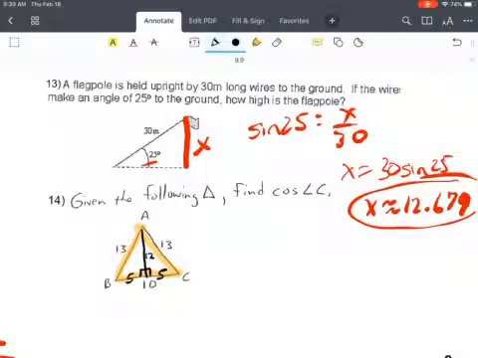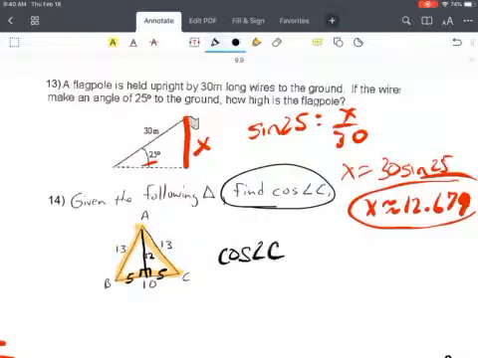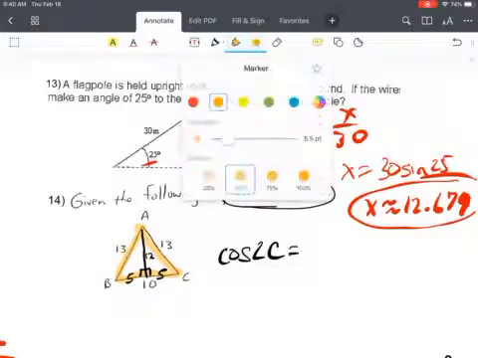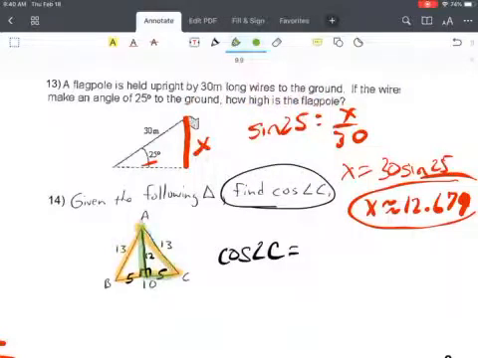So when I'm looking at the cosine of angle C in my right triangle, it would equal the adjacent side 5 over the hypotenuse 13. And that is the end of the 9-9 notes.